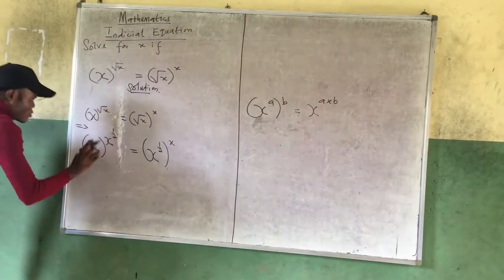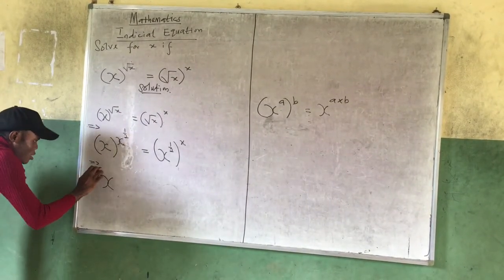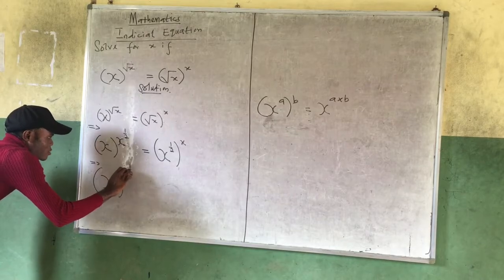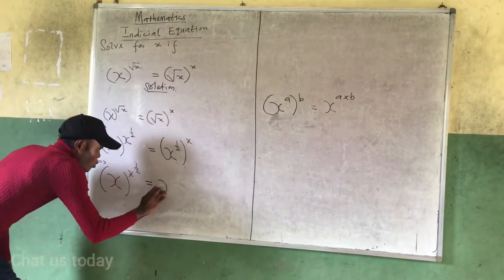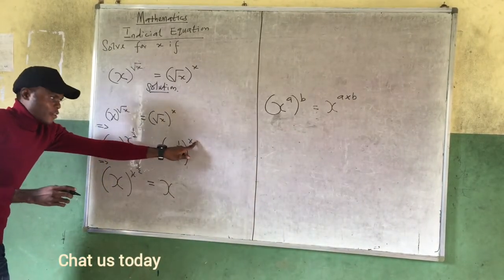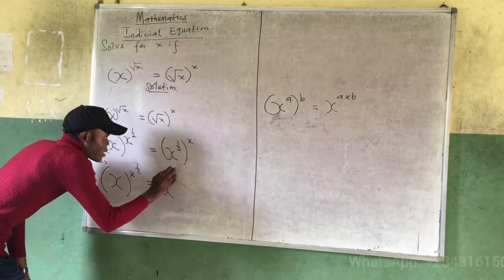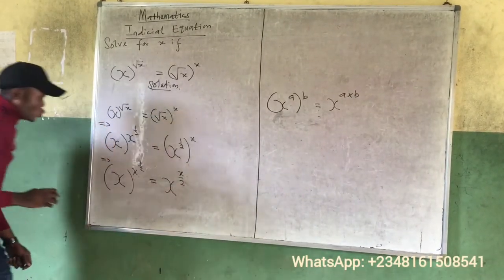So if I rewrite this, the 1 over 2 will multiply x. So that means I'm going to have x multiplied by 1, that is x, over 2.